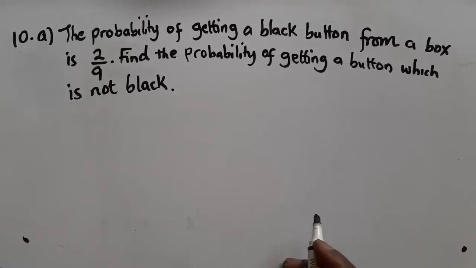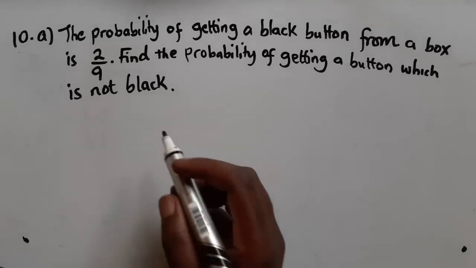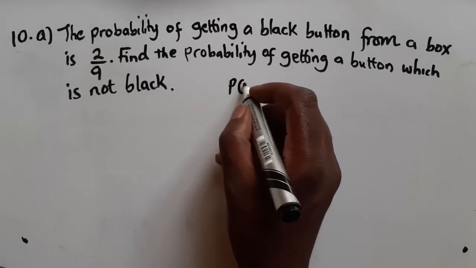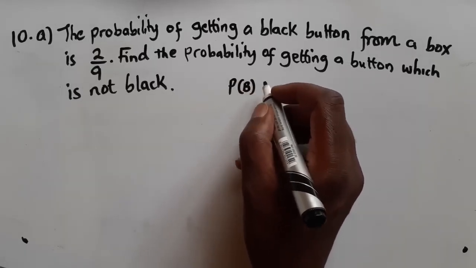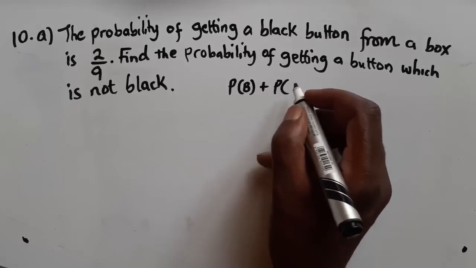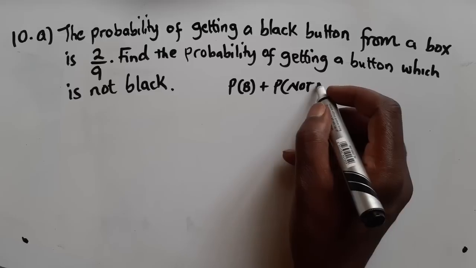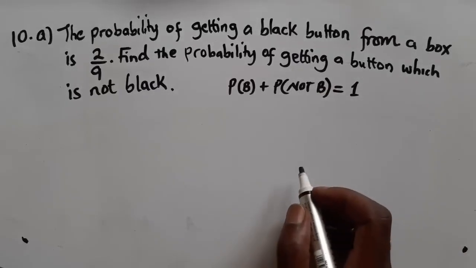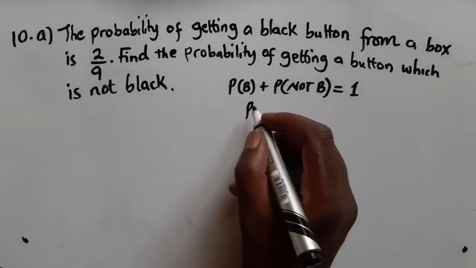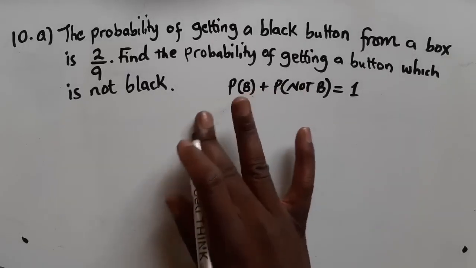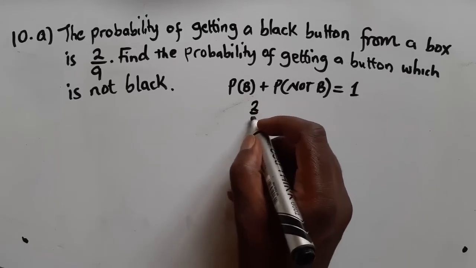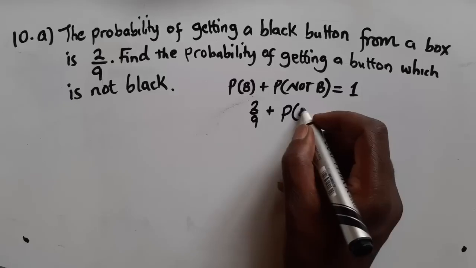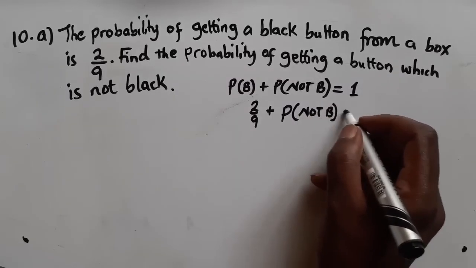The probability of getting a black button plus the probability of getting a button which is not black must give us 1. So if the probability of getting a black button is 2/9, then what is the probability of getting a button which is not black?